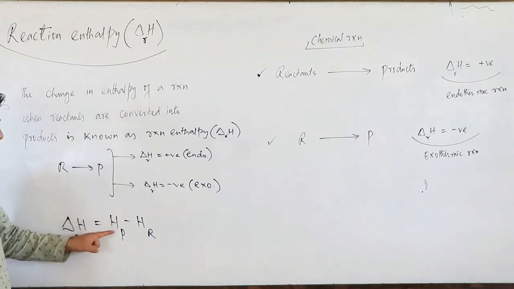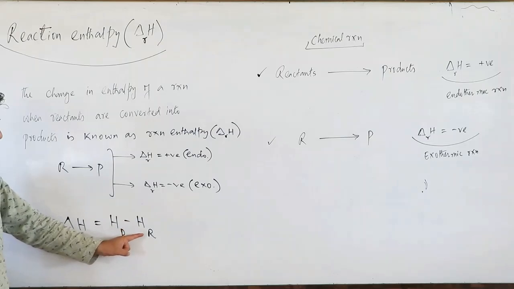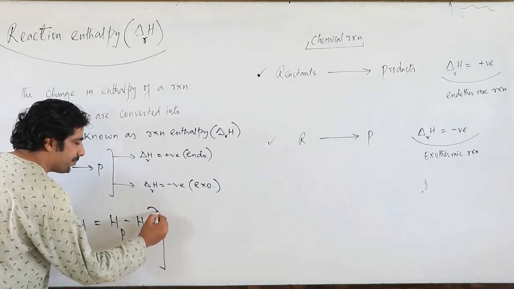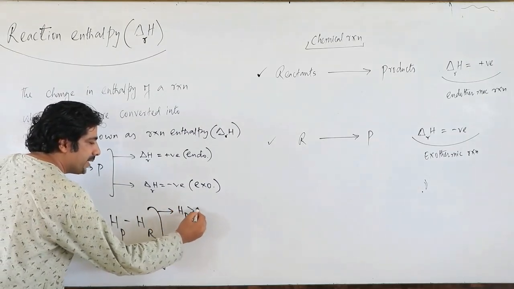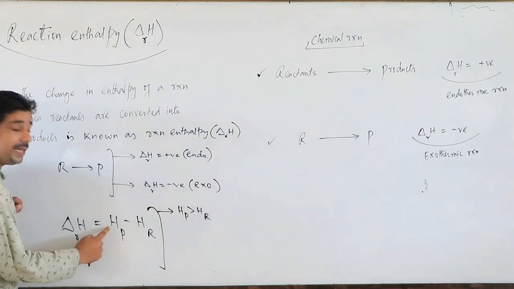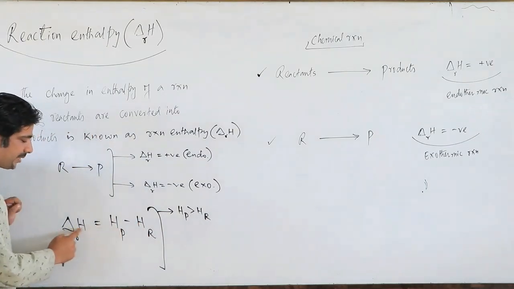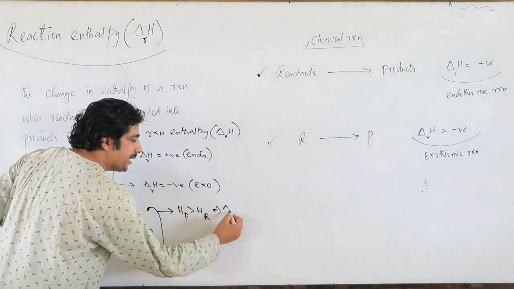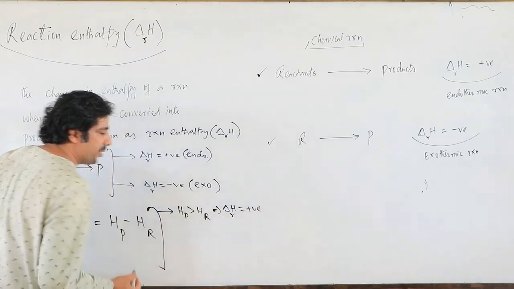If HP is greater than HR, if enthalpy of product is greater than enthalpy of reactant, then delta HR value will be positive. So we will have here delta HR as positive. So it's endothermic.